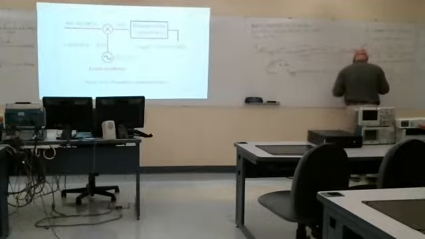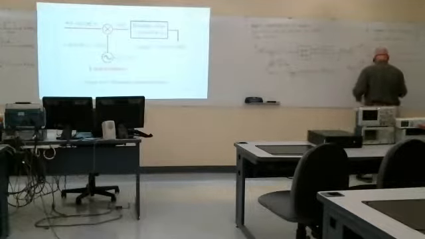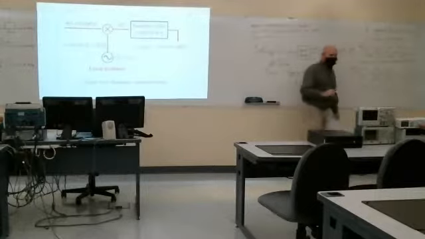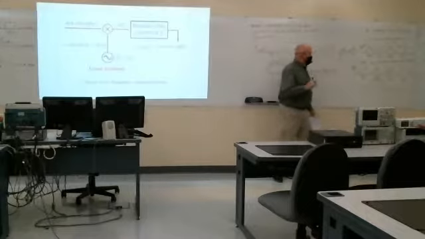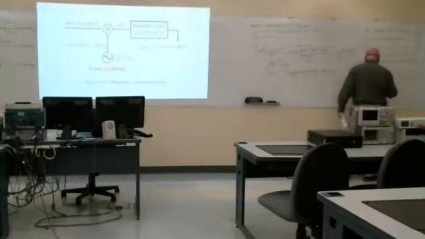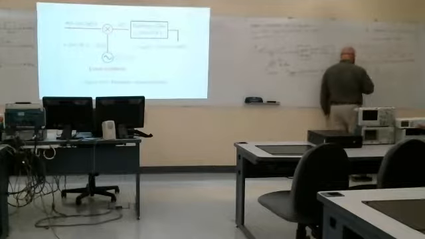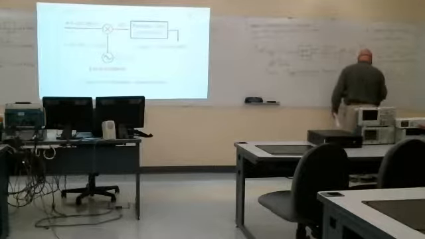Now my bandpass filter, it's a high quality bandpass filter designed to operate just at the one frequency, does not have to be adjustable. And what we get out is the product of these two.